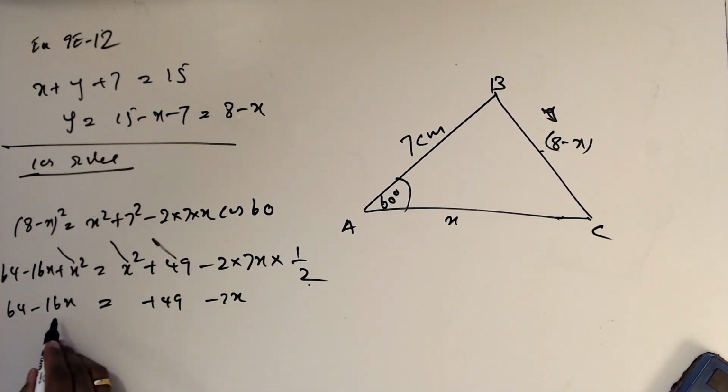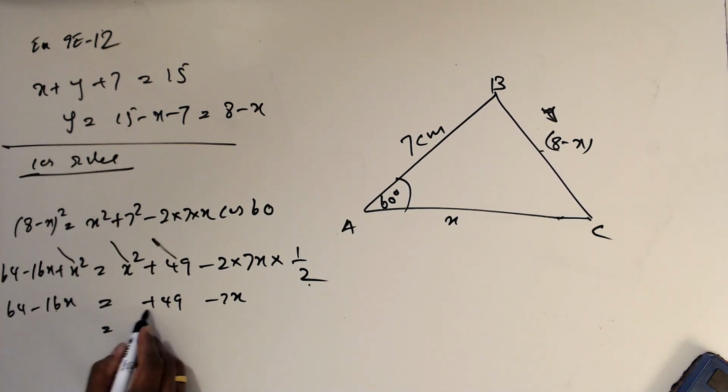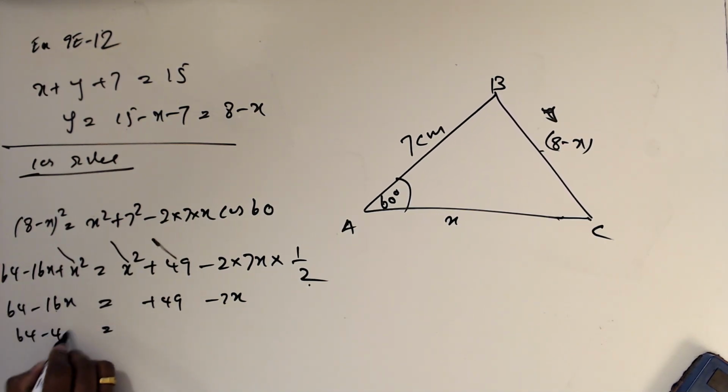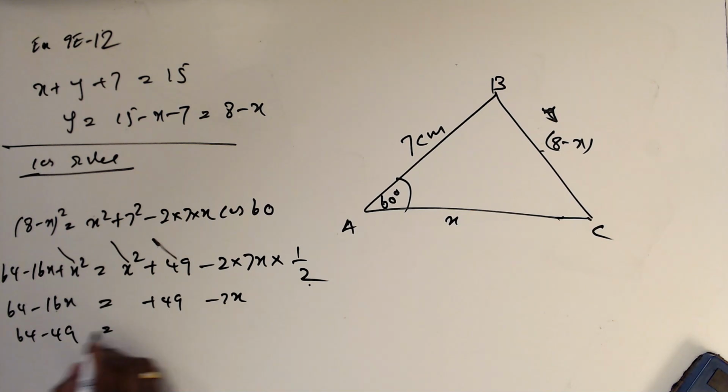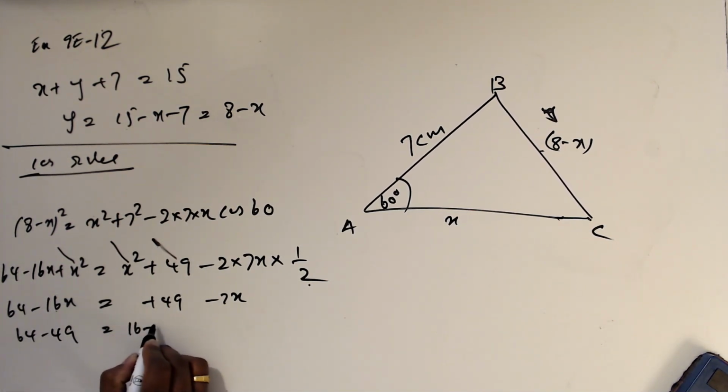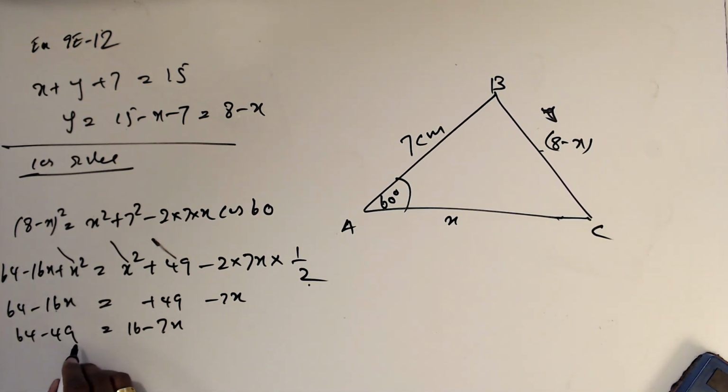Then the best way is taking this x to the right side and this one to here. 64 minus 49 equals 16x minus 7x. So this is going to be 15 and this is going to be 9x.